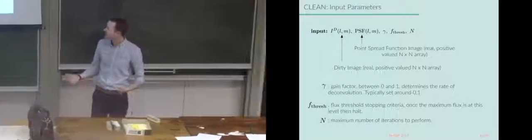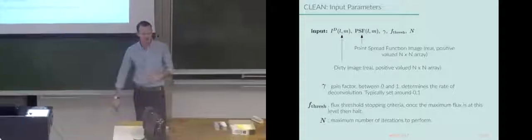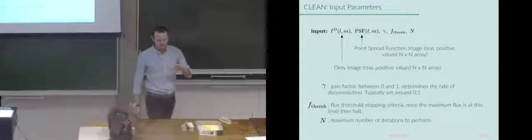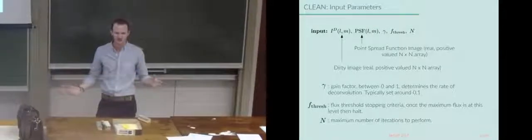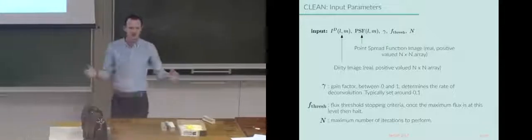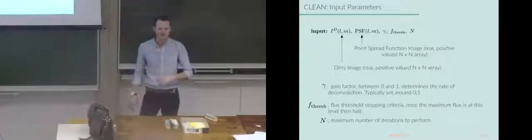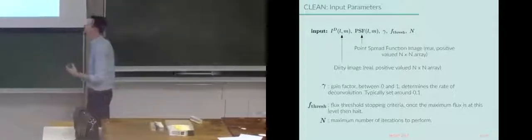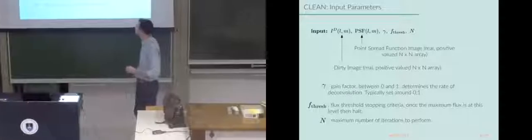Say it has 10 microjansky RMS noise. You don't want to dig down to 10 microjanskys because you're definitely going to pick up a ton of flux from noise. You want to multiply that by a factor of 3 or 5 and only dig down to 50 microjanskys instead. Otherwise you're very likely to deconvolve a lot of noise. That's good.